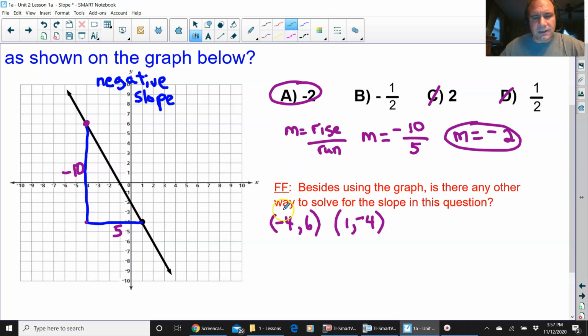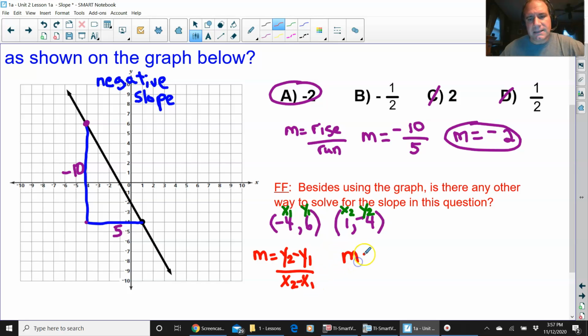So I'm going to immediately label x. This is my first x that I see, x1. The first y that I see, y1. The second x that I see, x2. The second y that I see, y2. To get back to the formula that we used: y2 minus y1 over x2 minus x1.